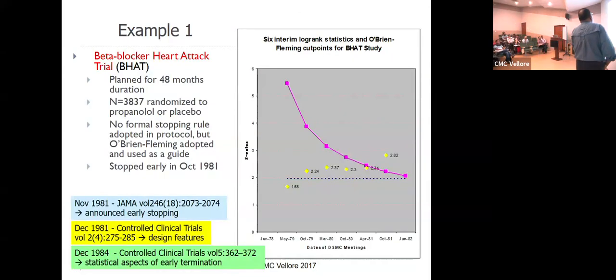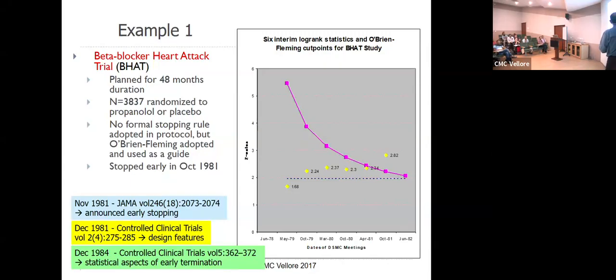So here's an example of it being used. This is the Beta-Blocker Heart Attack Trial that was looking at giving beta blockers to people that had already had a heart attack, to prevent a second heart attack. Close to 4,000 people. They adopted the O'Brien-Fleming and they crossed the boundary here, close to the end, at 2.82, and they stopped the study early, okay?